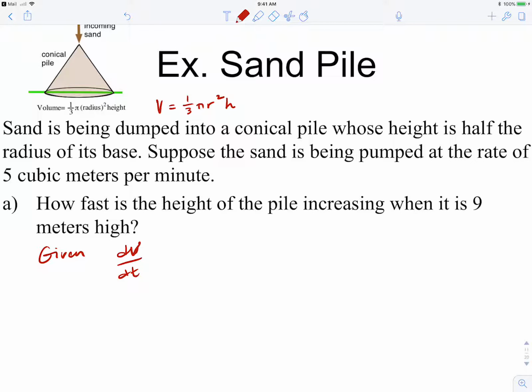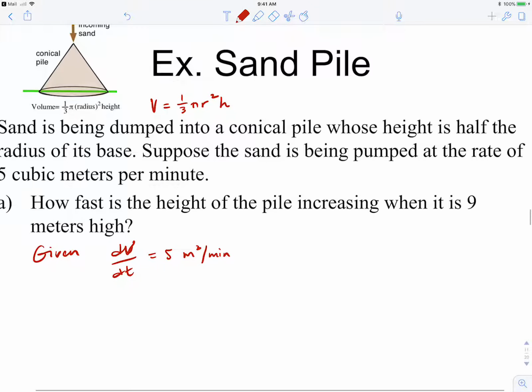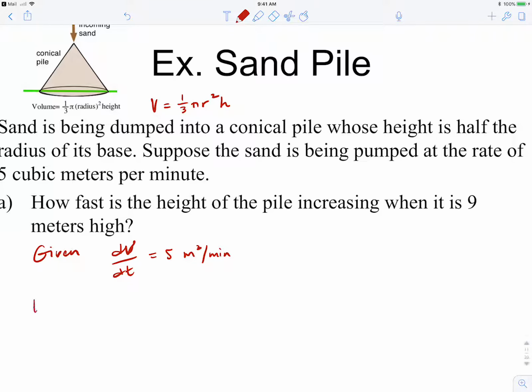We are given the rate at which the volume is increasing, that's 5 cubic meters per minute. And we are being asked to find dh over dt when h equals 9 meters.